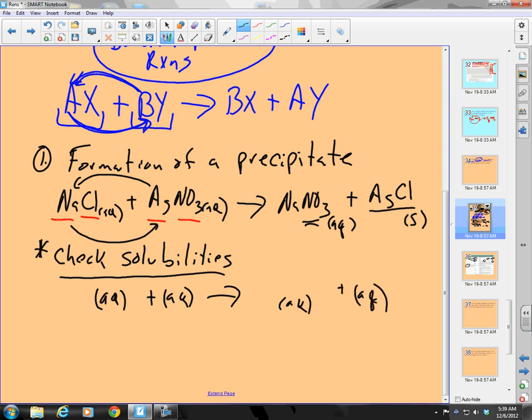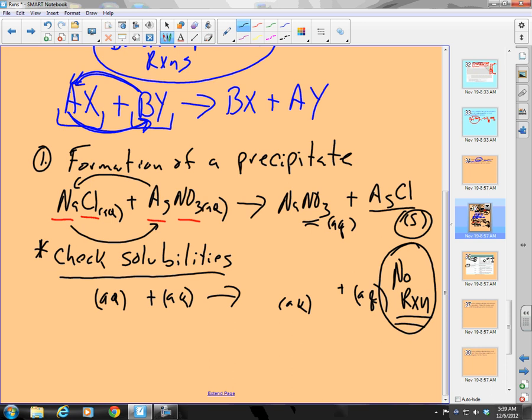We call that no reaction. If I have two aqueouses and I form two other aqueouses, that is not a reaction as far as we are concerned. We say that is no reaction. So you have to find out, do you actually form a precipitate?